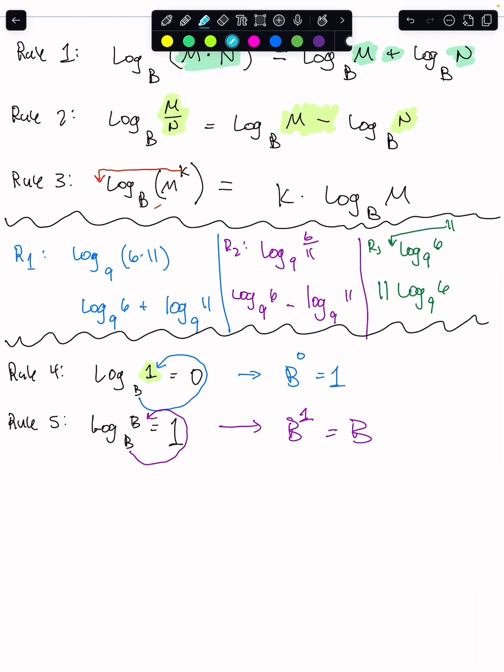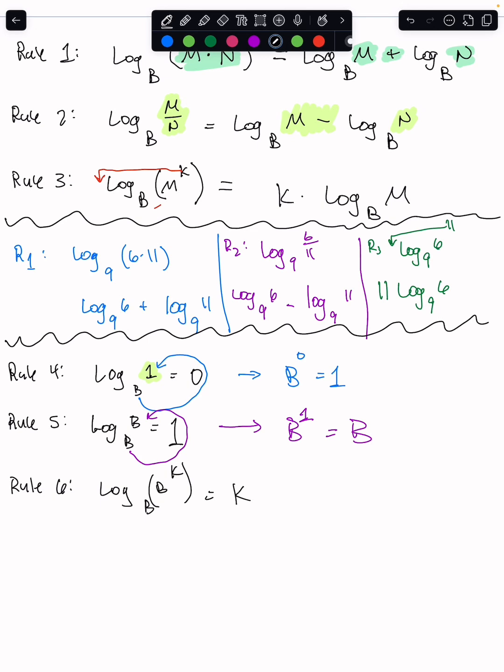And then rule number 6, and I'm going to explain this one a little bit. Rule number 6 says log base b to the b to the k equals just k.